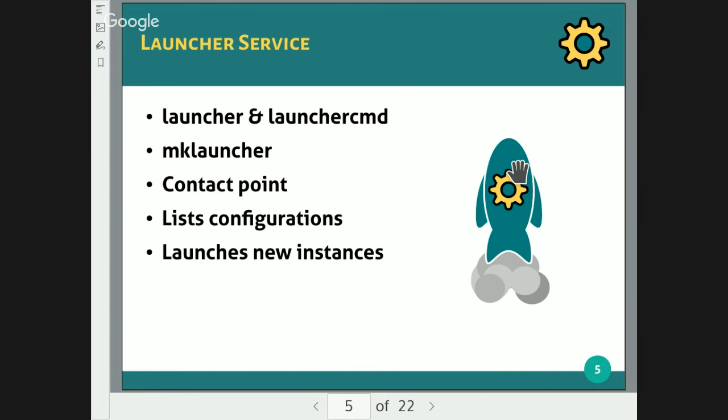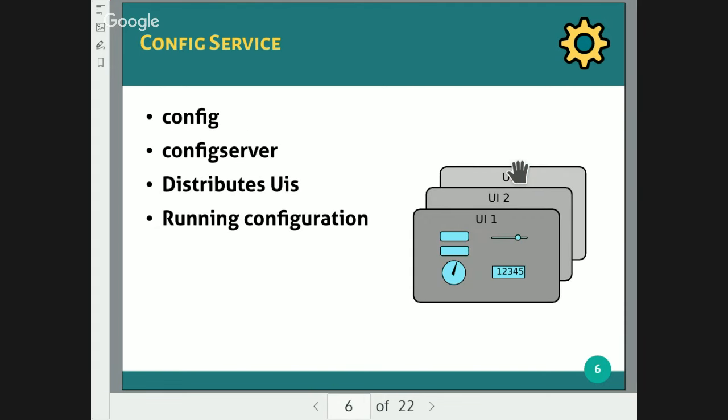Then we have the config service. The whole idea behind this service is remotely distributing user interfaces. It could be used not only for QML user interfaces, but also for GTK or all other kinds of source-based user interfaces. It may not be so useful for binary distribution because we have different kinds of clients, but it works very well for, let's say, QML or maybe also GTK.